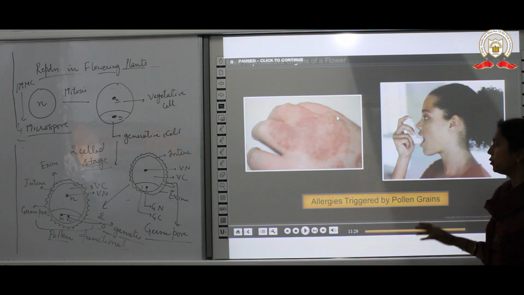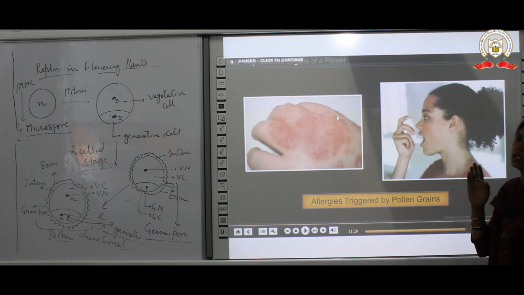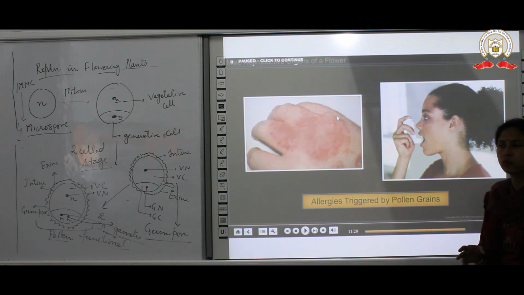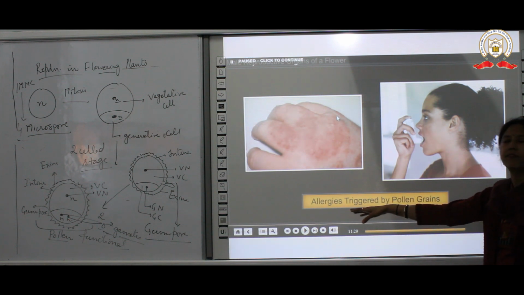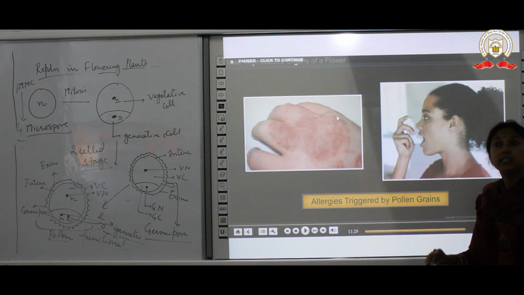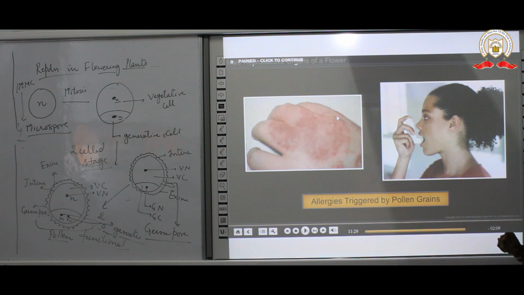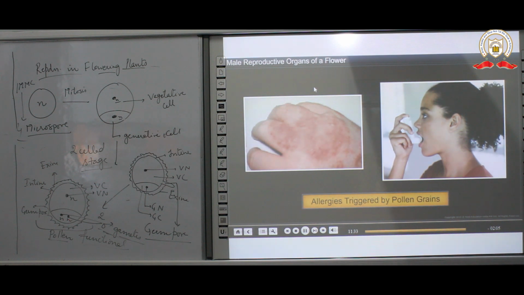But some pollens have a negative impact also, and they can trigger different kinds of allergies, mostly in case of asthma patients. They can trigger allergies in some people and can cause asthma and bronchitis.